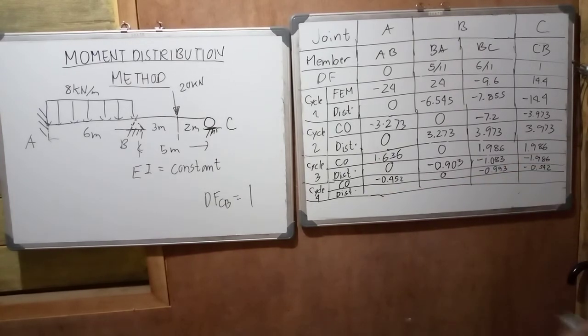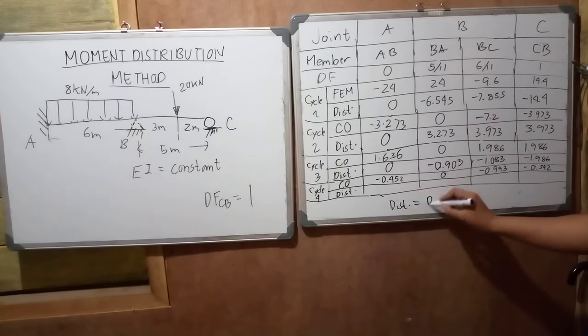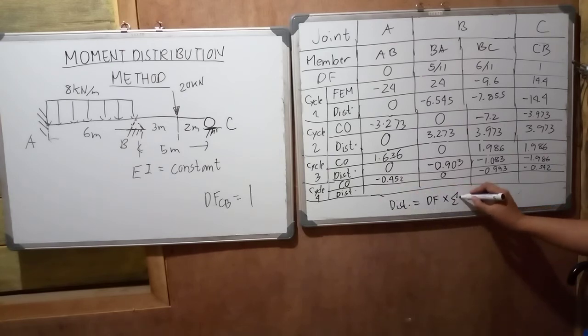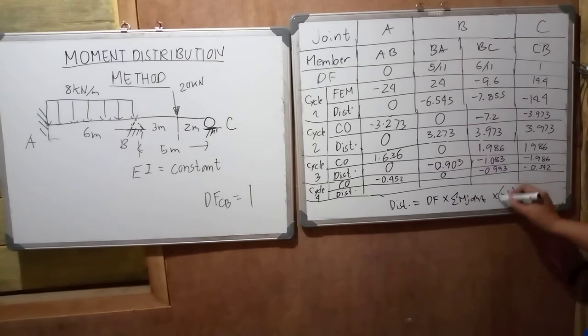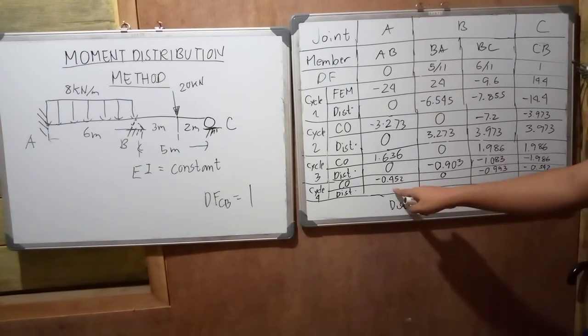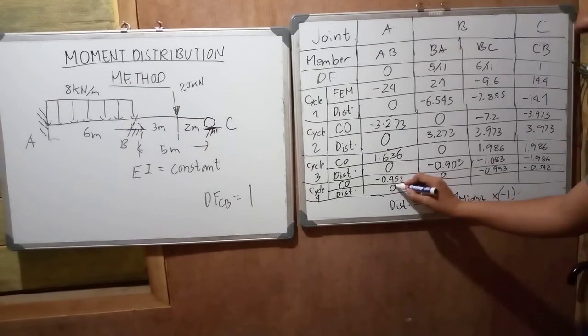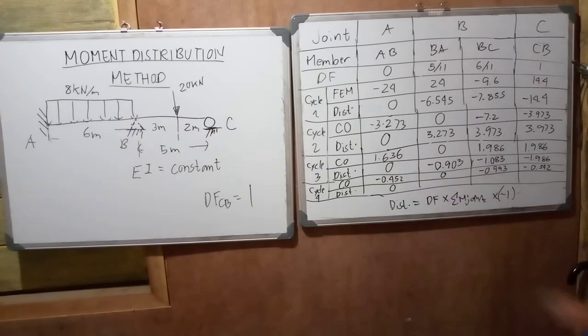Distribution is equals to DF times summation of moment at joint times negative 1. So, yung DF natin is 0. Summation of moment at joint is 0.452. So, 0 na to kaagad. So, i-add mo.